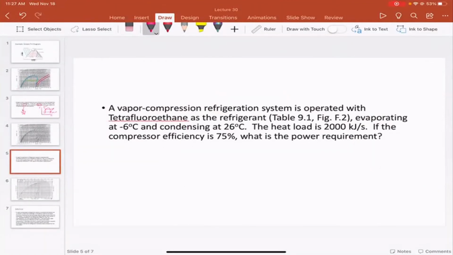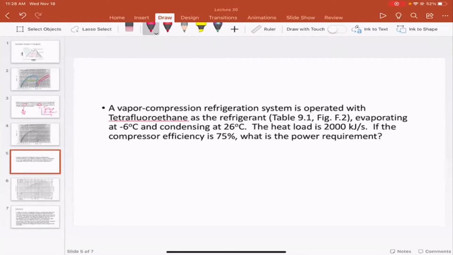So this says that we have a vapor compression refrigeration system operating with tetrafluoroethane as the refrigerant, that the evaporator operates at -6 degrees C, and the condenser operates at 26 degrees C. Then we're told that the heat load is 2,000 kilojoules per second, and if the compressor efficiency is 75%, what's the power requirement?